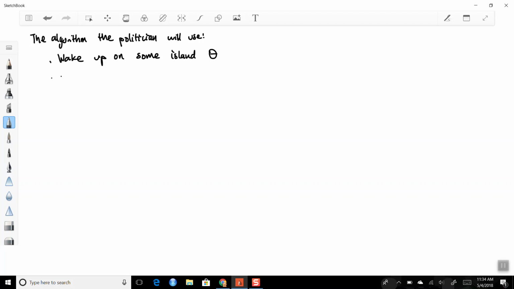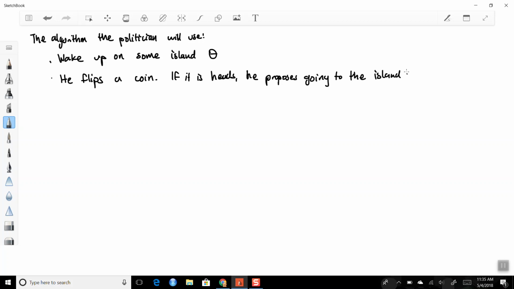And then we will flip a coin. I'll say he flips a coin, and if it is heads, he proposes going to the island to the right. Okay, so that would be theta plus 1.